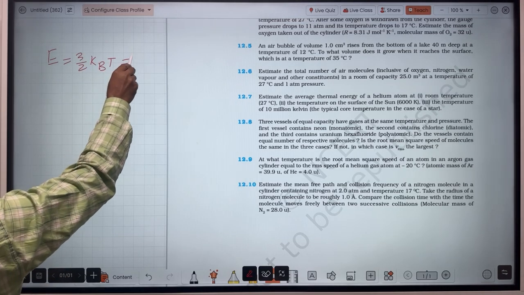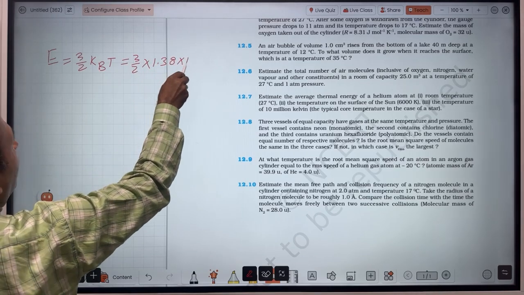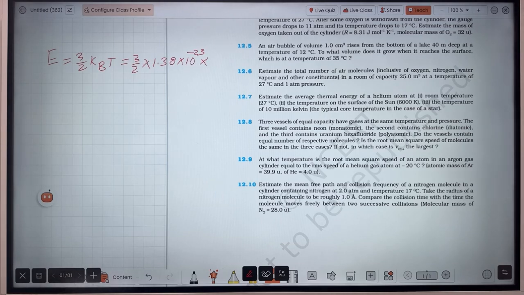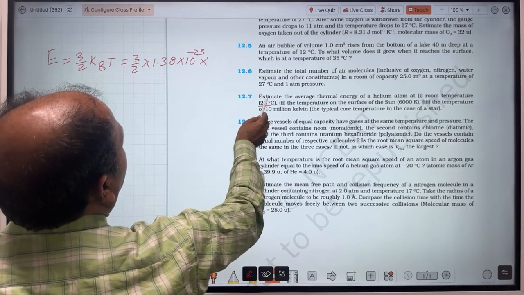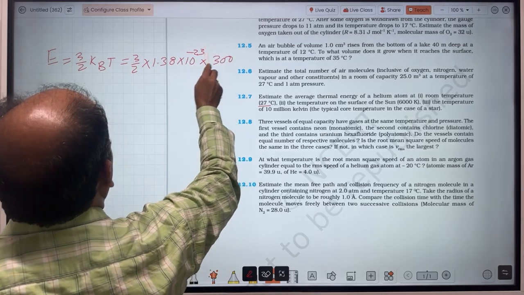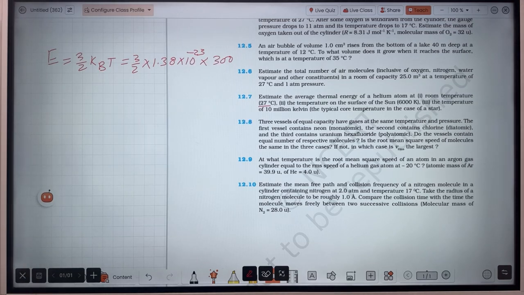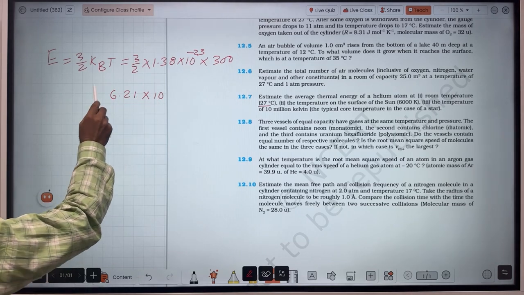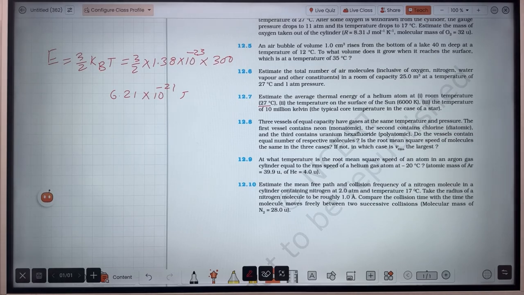So if we evaluate it, 3 by 2 into 1.38 into 10 to the power minus 23 into temperature, and temperature here is given, this will become 273 plus 27, 300 Kelvin. And then we can evaluate, right? So it will come out to be 6.21 into 10 to the power minus 21 joule, right?